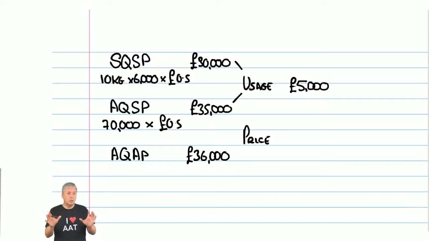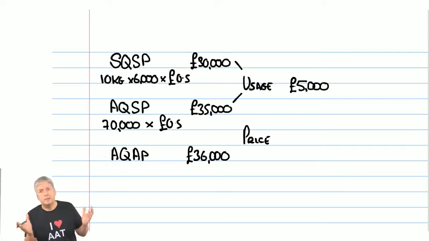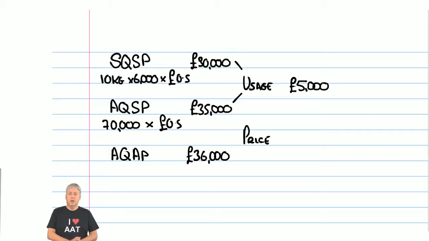Now, that's all well and good. There's nothing wrong with what I've said there. But we want a very simple way of doing this. And all I'm going to say is top minus bottom. 30,000 minus 35,000, it's minus 5,000. Minus is bad, we call that adverse. Simple as that.